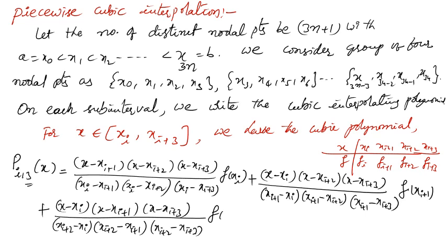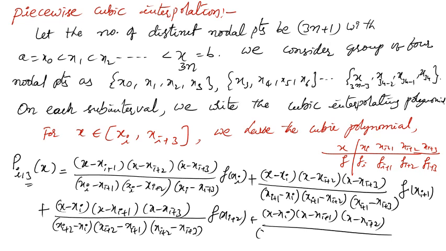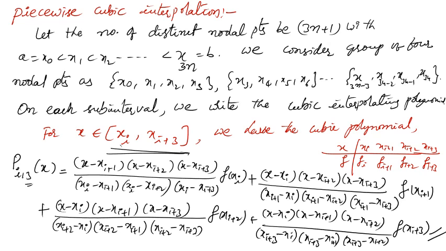And the function value at xi plus 2 is f of xi plus 2. And the last term is similar, with function value f of xi plus 3. This is the Lagrange's cubic polynomial, piecewise over the interval xi to xi plus 3 only.